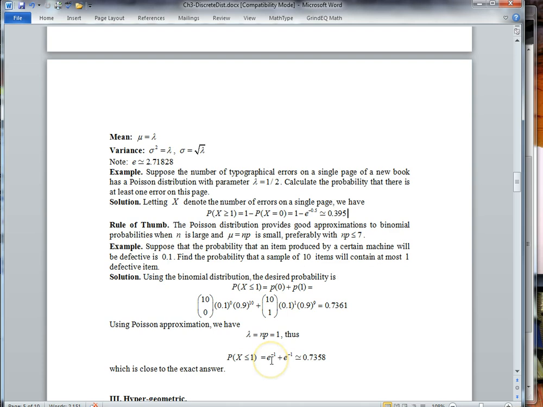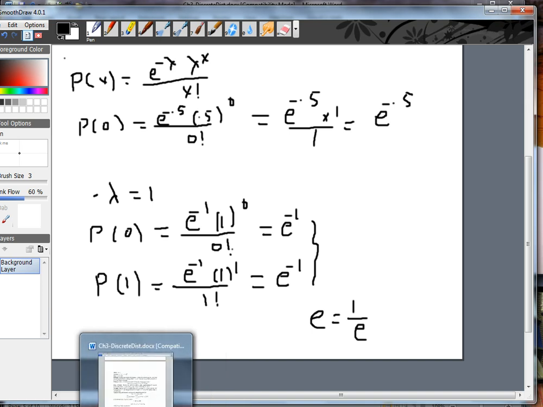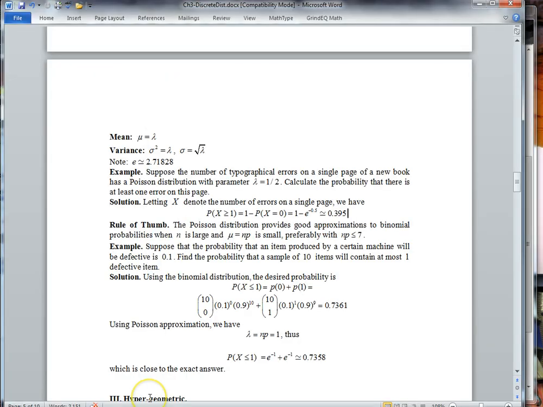Now you use your calculator to find e to the minus 1, or you can compute that as 1 over e. That's the same thing, and add them up, and that should work fine. Okay.